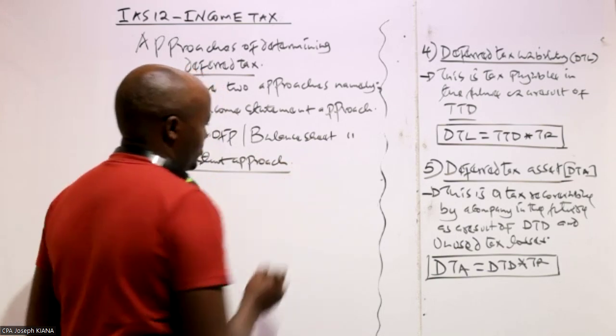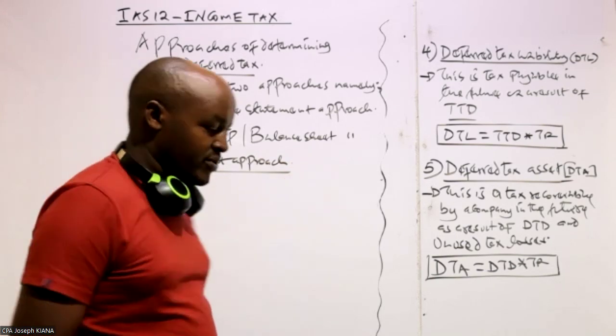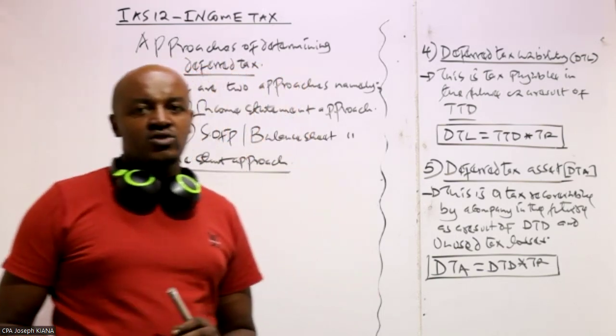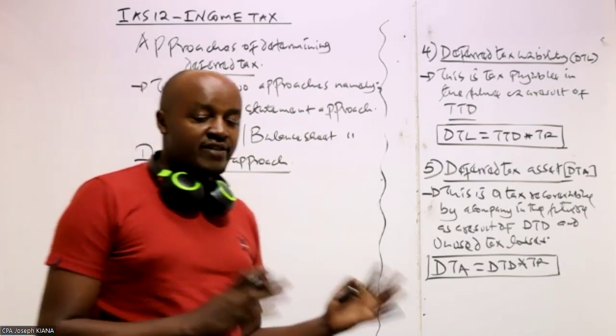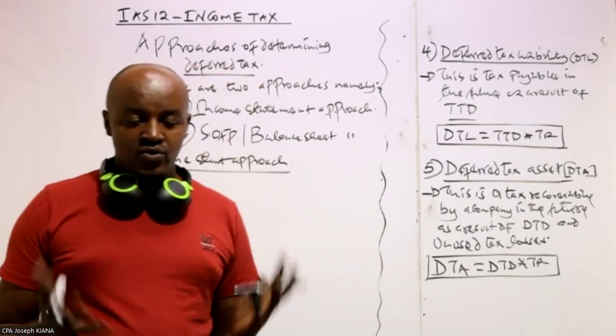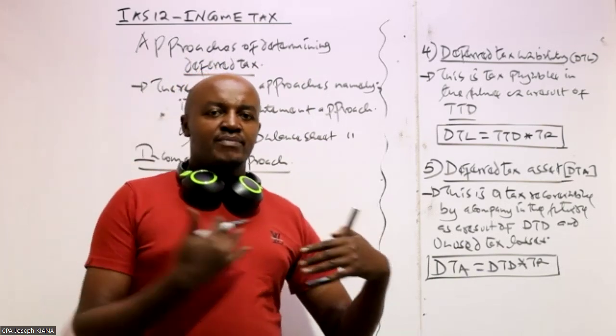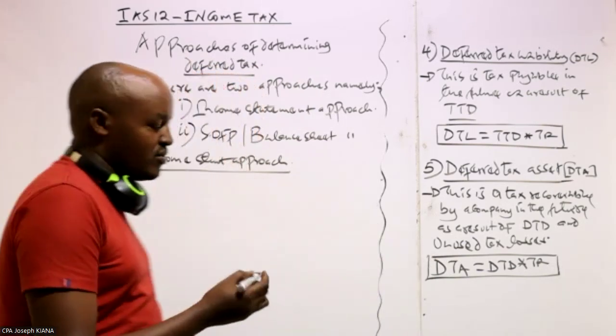Under this particular approach, the deferred tax is computed using the timing difference, which essentially we said is the difference between accounting profit and taxable profit.